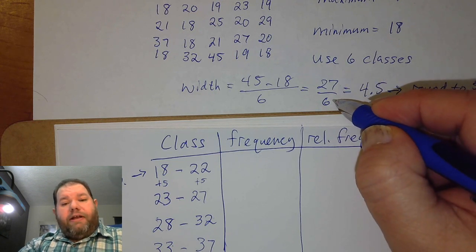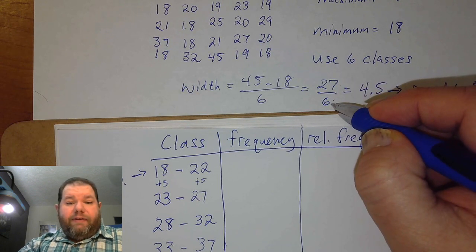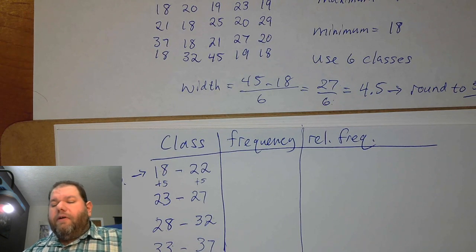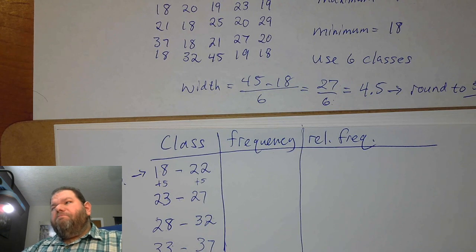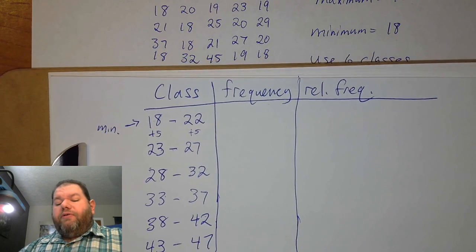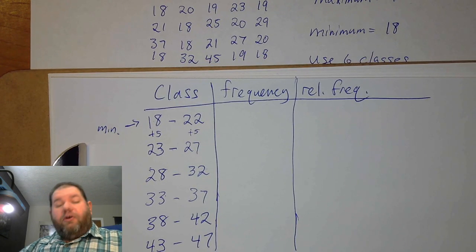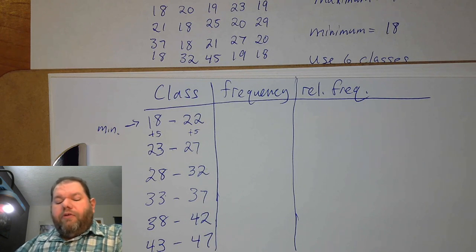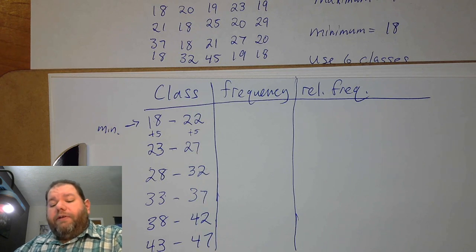So if we had 3 classes, which we wouldn't want, or we could have done 9 classes, that might have worked better, and have the last group end at 45. No, that wouldn't have worked either. I'm sorry. There's a pattern to do that, but we don't really need to spend a lot of time focusing on that. Ultimately, even though we go a little bit past our 45 or max value, it's okay, basically.